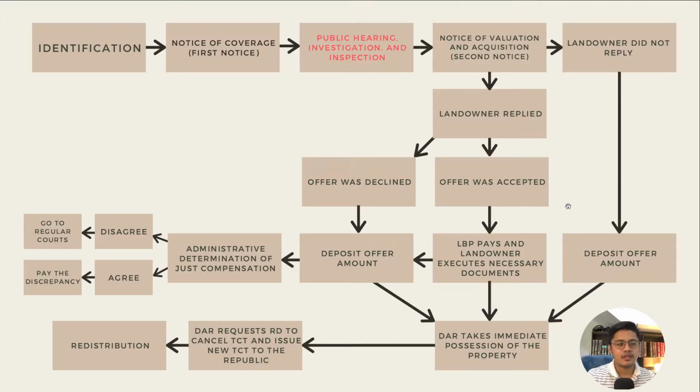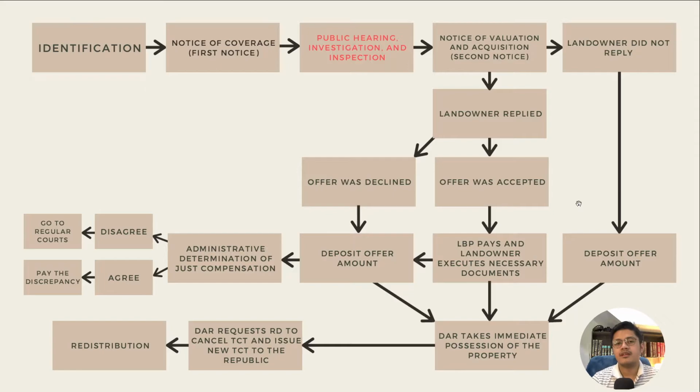Now, that's the first notice. The notice of coverage just means that the DAR considers your landholding as covered under RA 6657, and therefore you are being notified as the landowner that your land is covered, and you have a choice to contest it or to exercise retention rights.